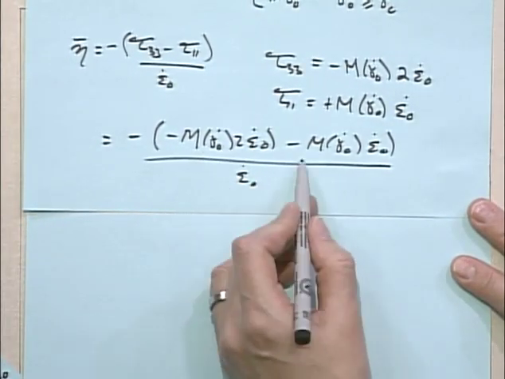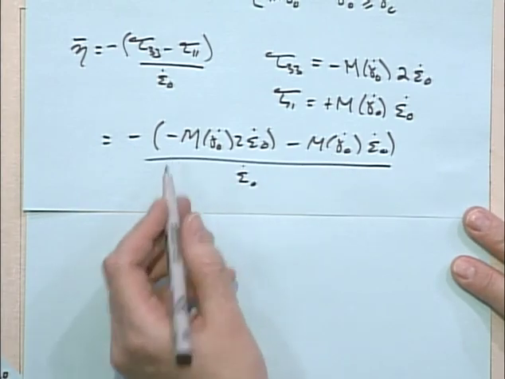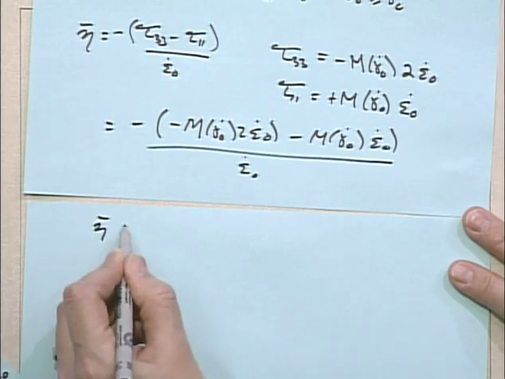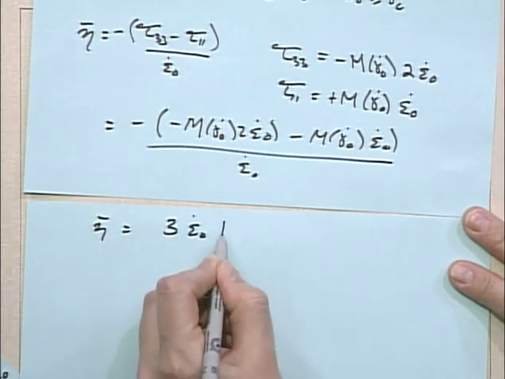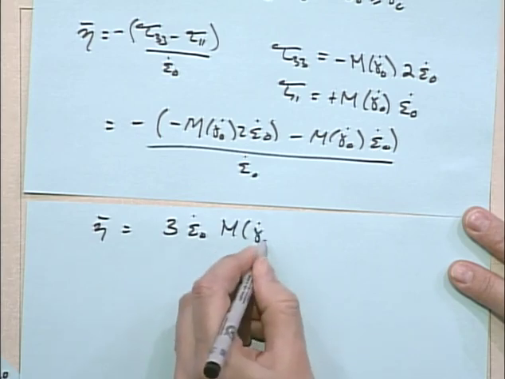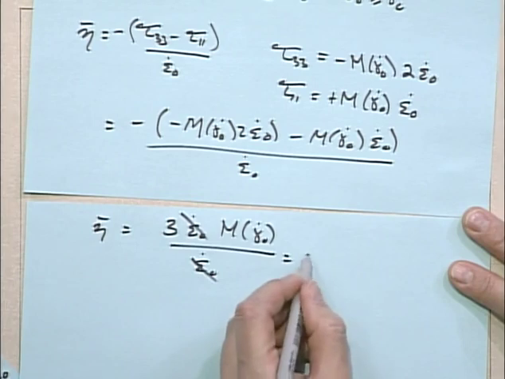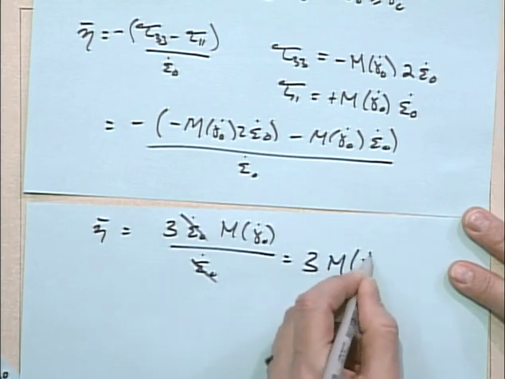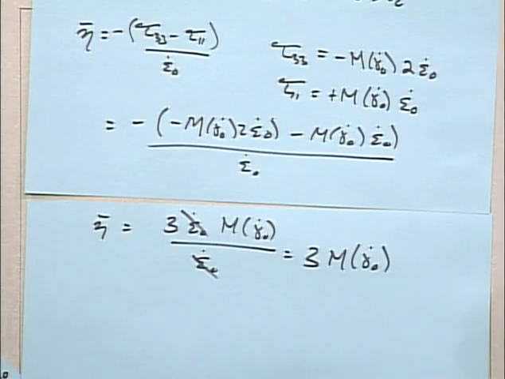This is minus 2m minus 1m, so we get minus 3. And a minus sign in front means we get 3 epsilon dot naught times the function m divided by epsilon dot naught. So we get 3. Everything seems to be going very well.